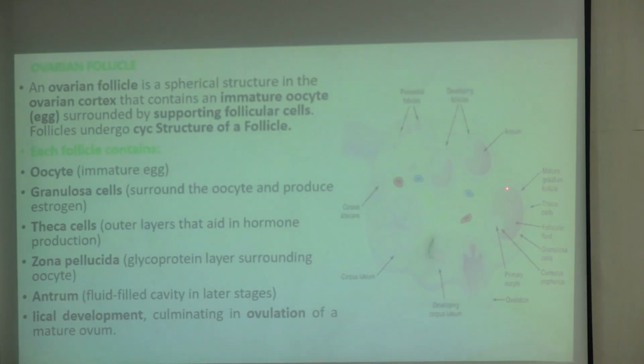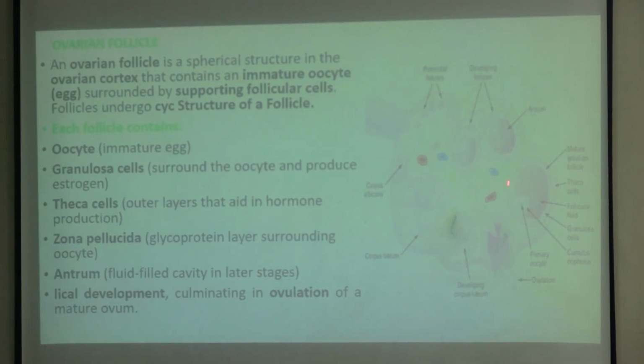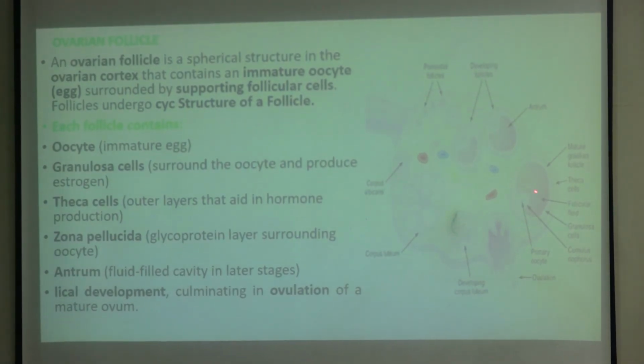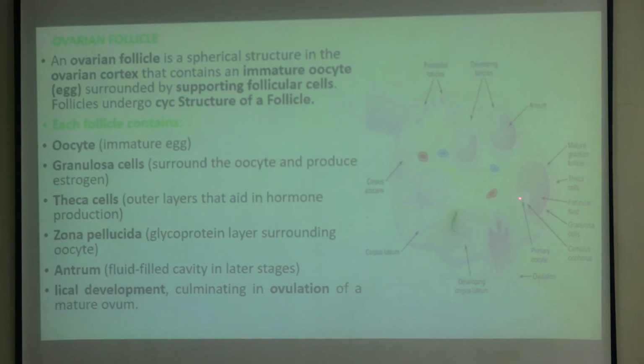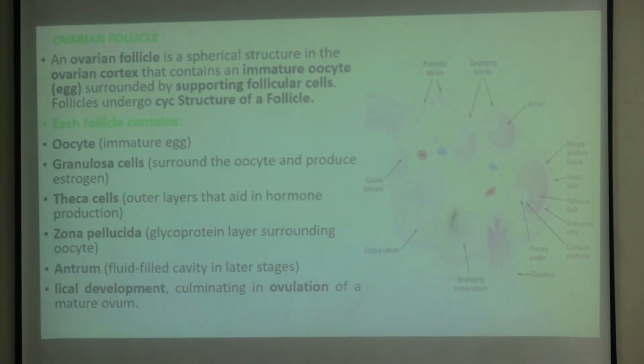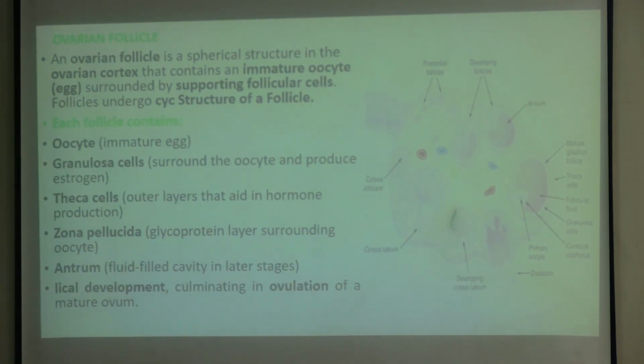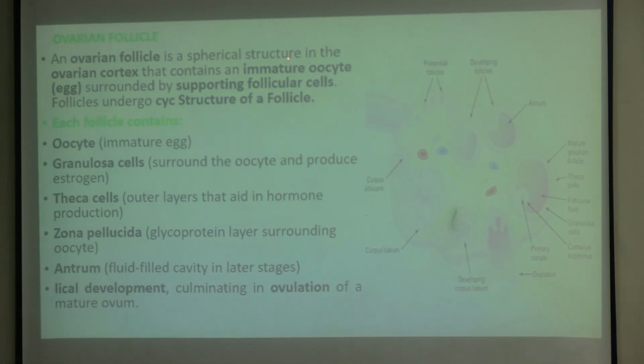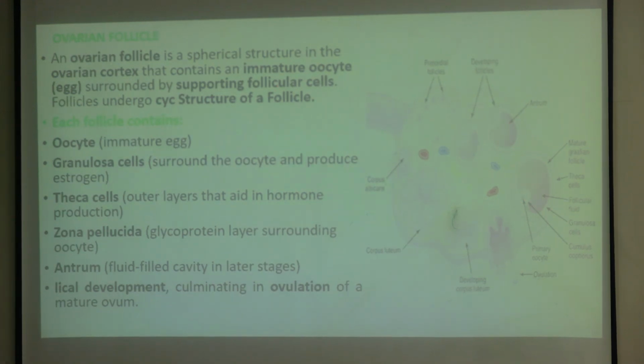You can see this is an ovarian follicle, right? In these ovarian follicles there is a tiny structure called the primary oocyte, right? An ovarian follicle is a spherical structure in the ovarian cortex that contains an immature oocyte or immature egg cell. This is the immature egg cell that is surrounded by supporting follicular cells. You can see these are the supporting follicular cells, right?